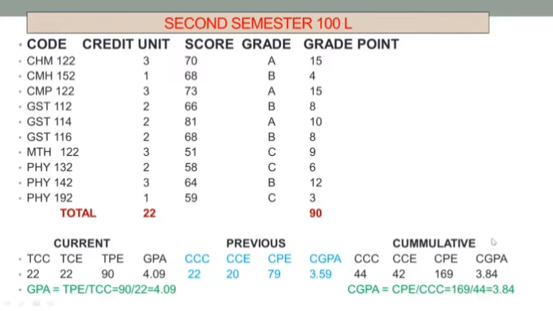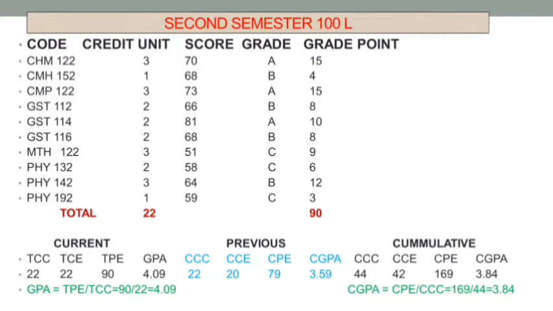Let's see how the cumulative is calculated. The cumulative here, combining first and second semester, the current credit carried is 44, first semester 22, second semester 22, out of which the current credit earned is 42. Remember, he had one carryover in first semester.